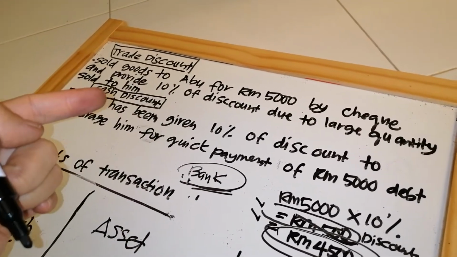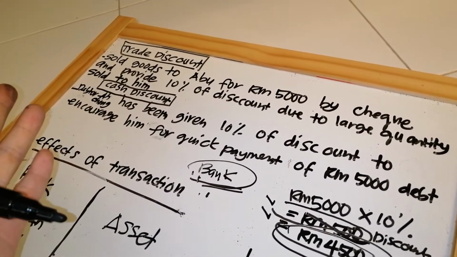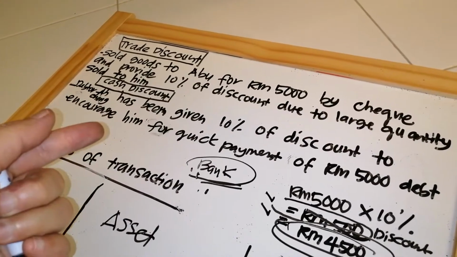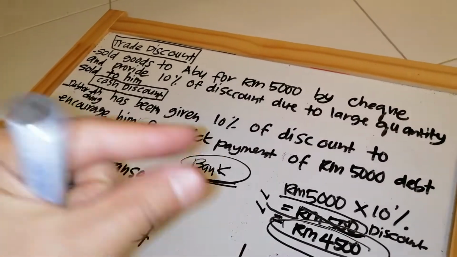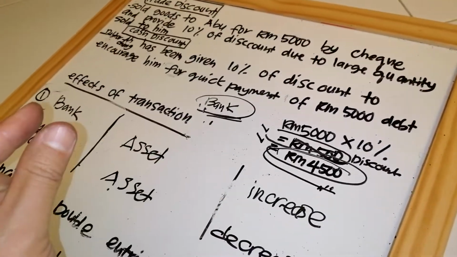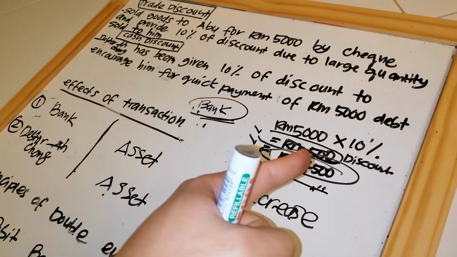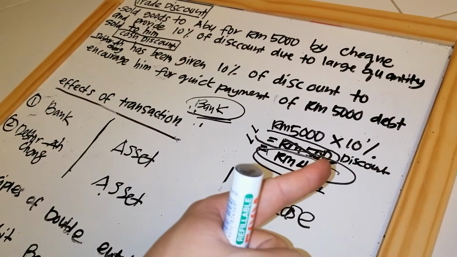But for cash discount, we already recorded the sales transaction at the first place. So when it's already recorded, the figure is recorded. That's why we want to deduct, to decrease the amount of the debt by debtor Achong. We must record that discount amount.